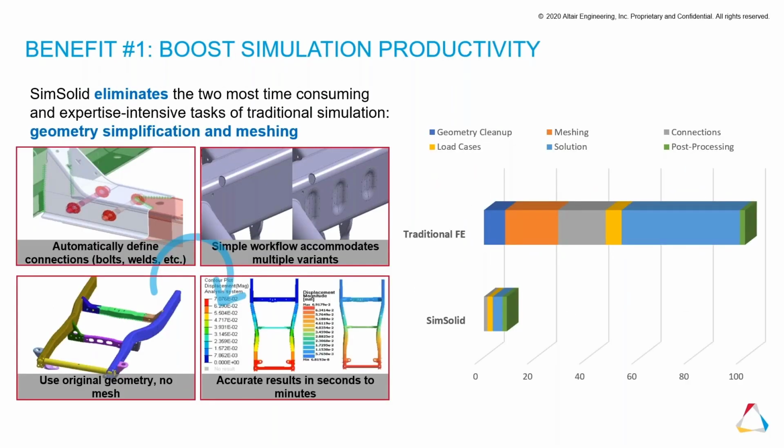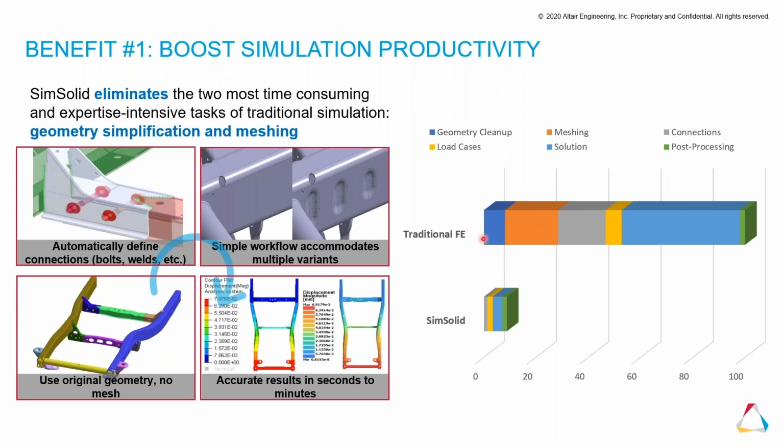Now, what are the benefits you are getting with using SimSolid? If you see this slide, it will take some time to explain. The bottom pie is the SimSolid-enabled development, and the top one is the traditional approach of doing your development in terms of simulation and design.